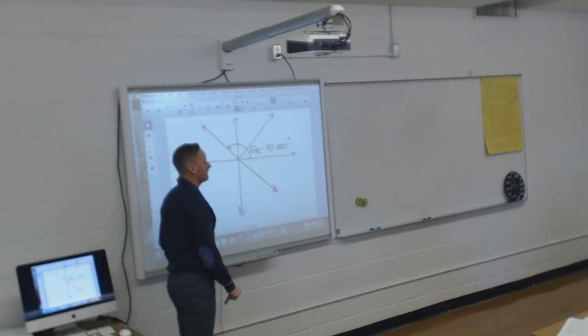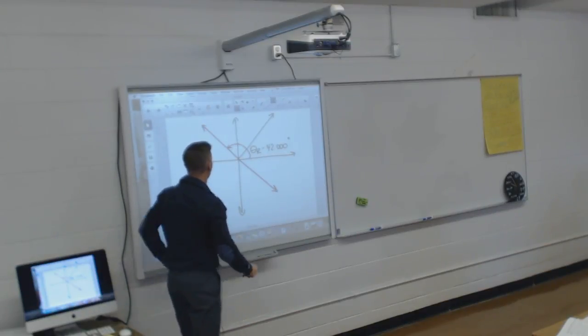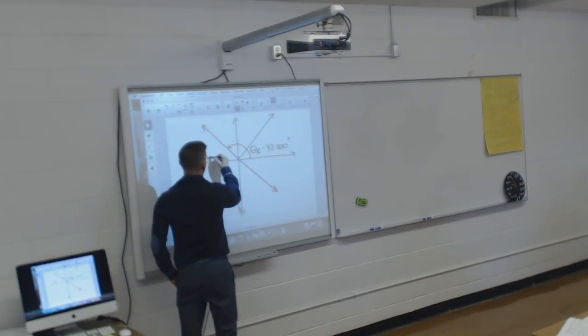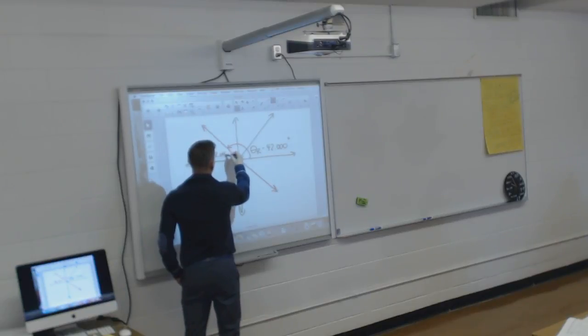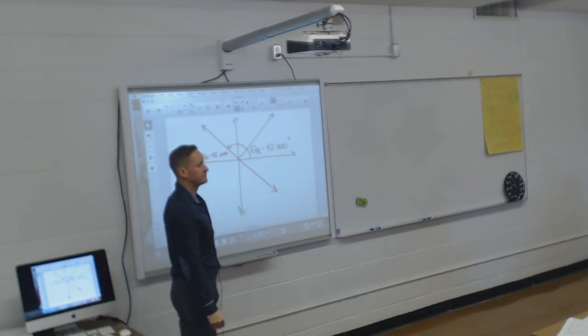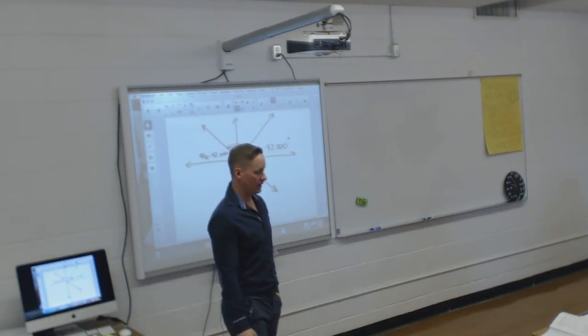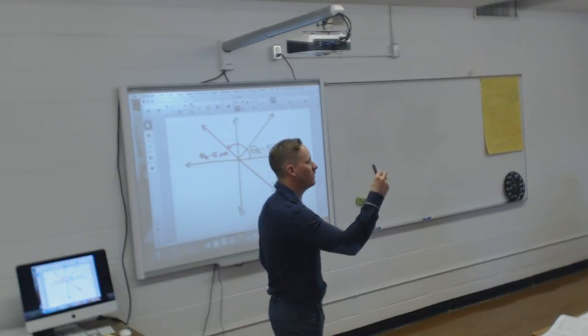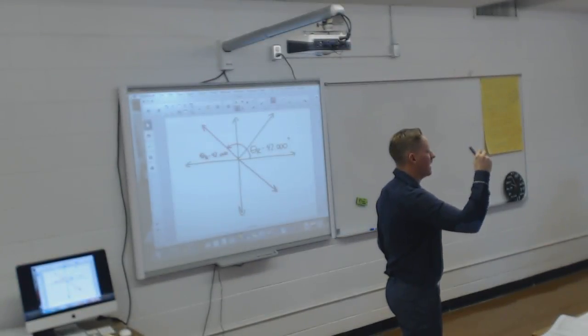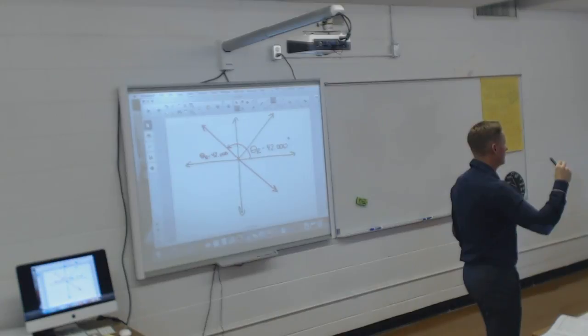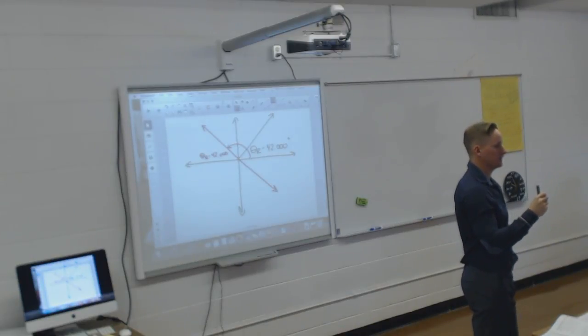So let's do it. How do I find this angle here if I know that this reference angle here is 42 degrees? 180 subtract 42. Now if you recall the other day, I had you write out how to find the angle.